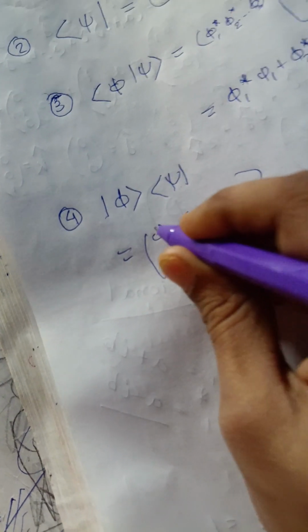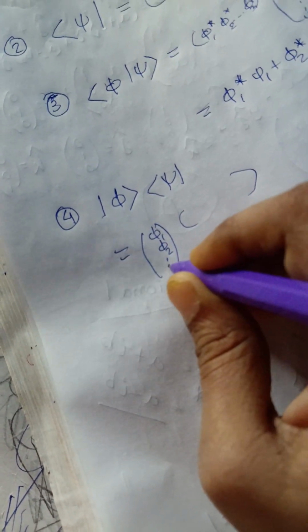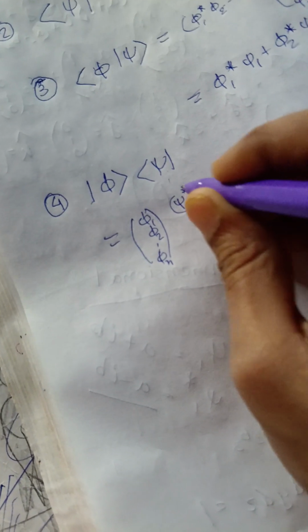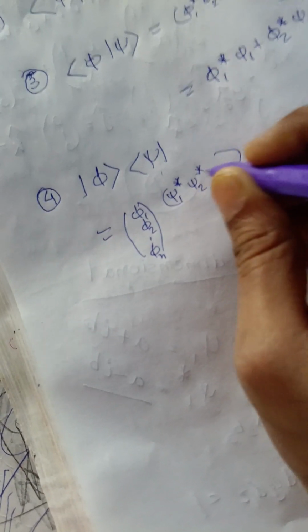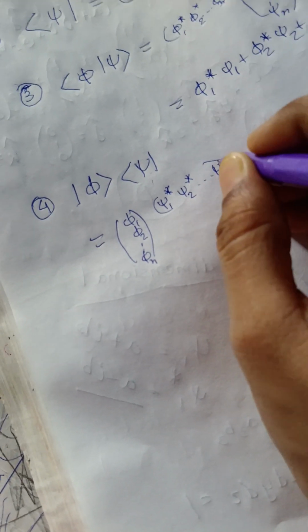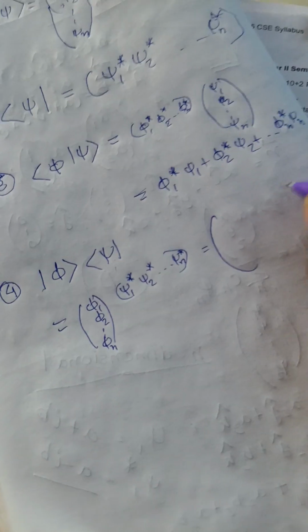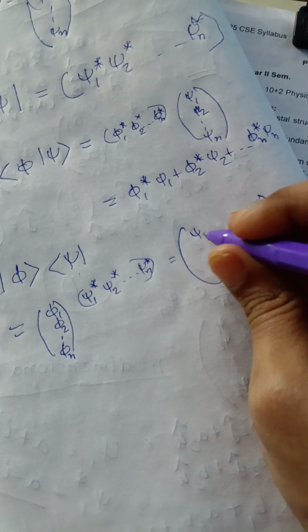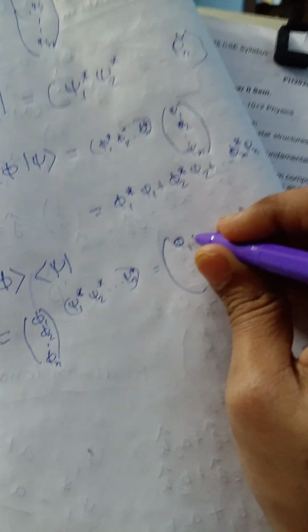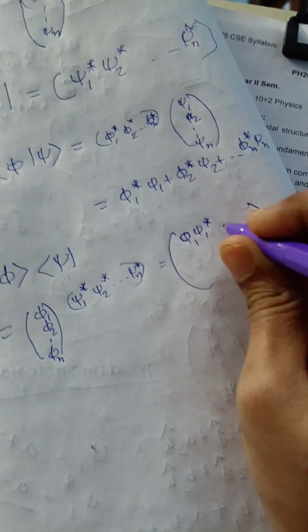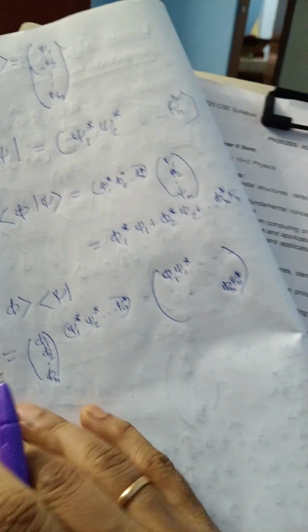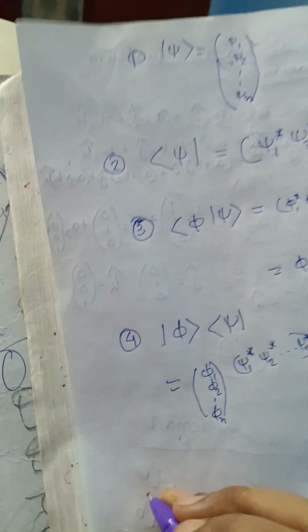Here we have phi 1, phi 2, up to phi n, and for the row we have psi 1 star, psi 2 star, up to psi n star, and their multiplication will be an n by n matrix. Only the first element and the last element I am writing: the first element is phi 1 psi 1 star and the last element is phi n psi n star. So this is an n by n matrix which represents an operator. That is the fourth point.